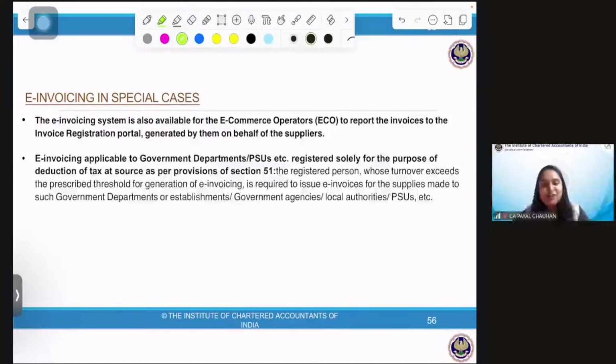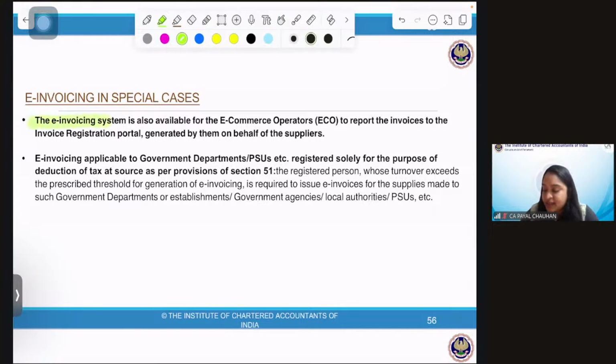I'm asking everyone, tell me: who's giving you the services under RCM, I am not registered, but you people are registered, and your aggregate turnover exceeds 5 CR. Who'll issue the e-invoice? Perfect. Okay.